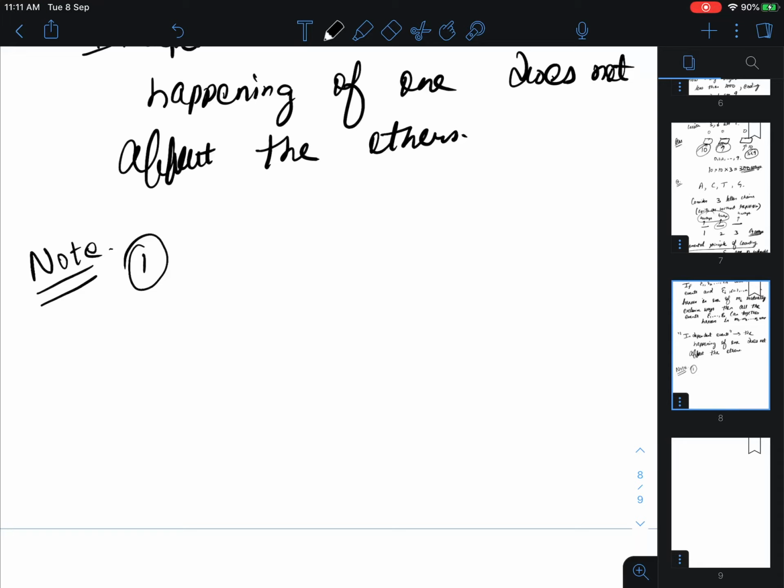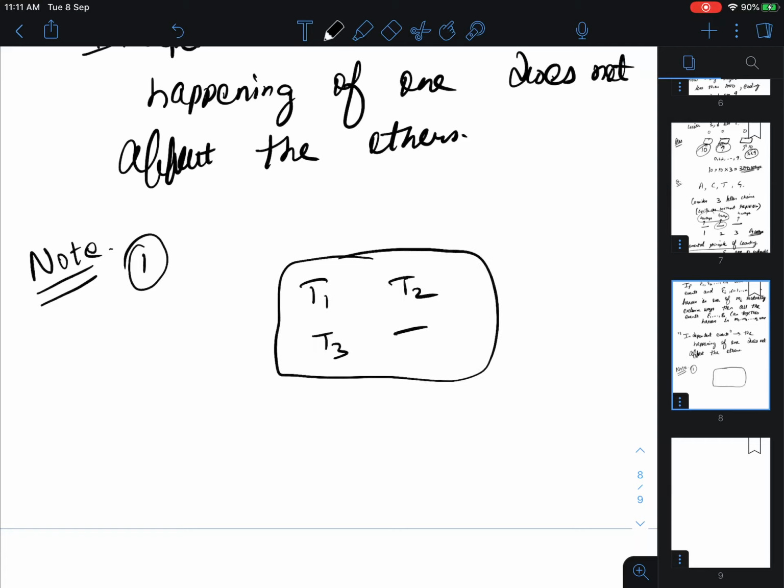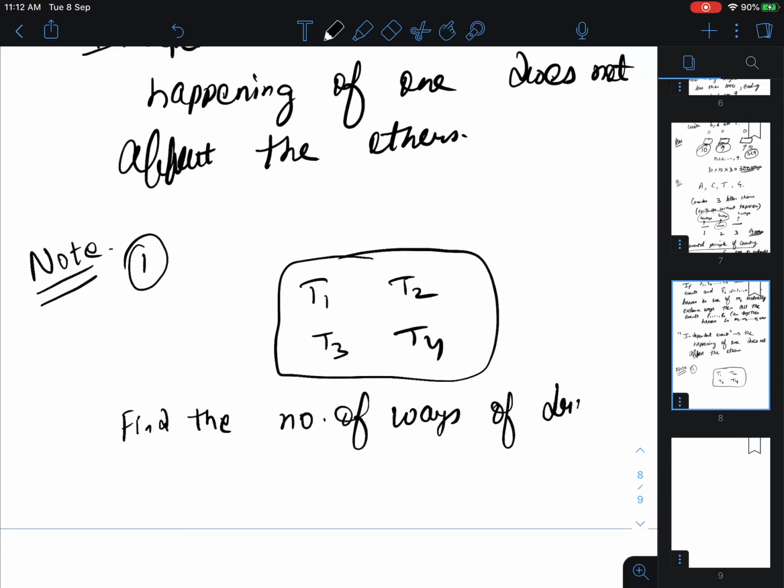What I mean to say is, suppose you have a container and there are four objects in that container. Okay. Now, the question is, find the number of ways of drawing two objects.